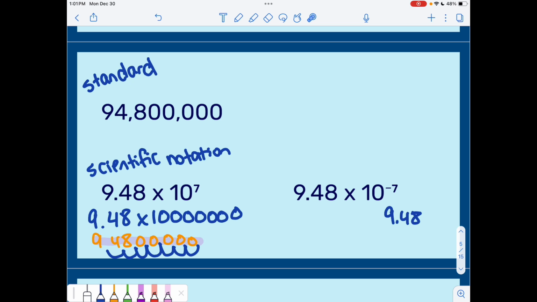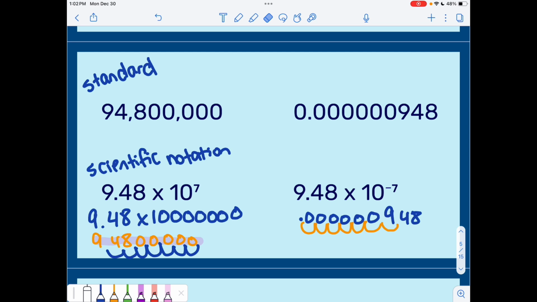So here, we are going to move this decimal place over 1, 2, 3, 4, 5, 6, 7. And then we'll plop that decimal point right there, and we'll add the zeros in. And because you're moving it, let's delete that. And that is the answer. So again, we went from scientific notation to the standard form because I think that's easier to show you.